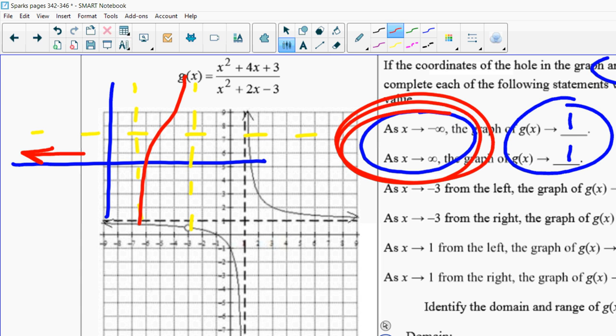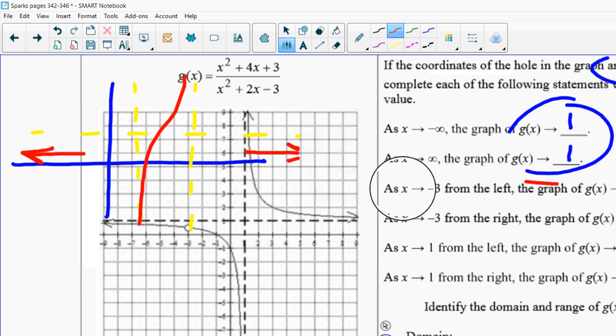I want to know what happens way out here and way out here. That's why it's okay to cross a horizontal asymptote, because it's not crossing way out on the ends. This is the definition of a horizontal asymptote: what happens as the x values approach positive and negative infinity. You never learned that before, did you?